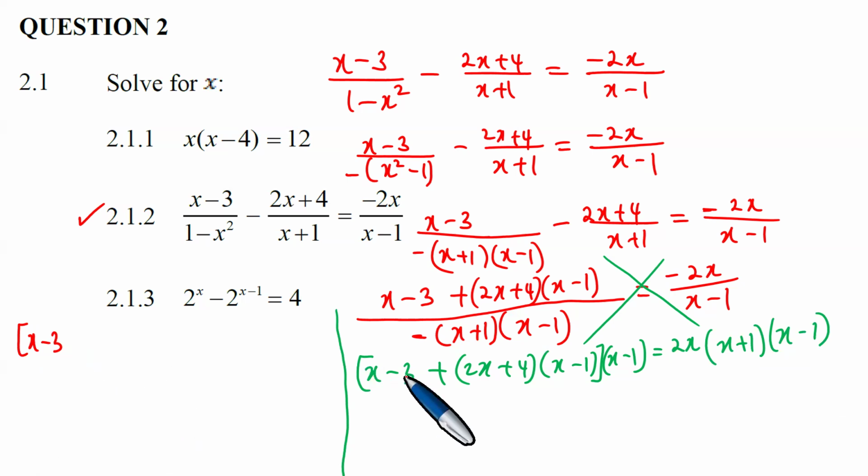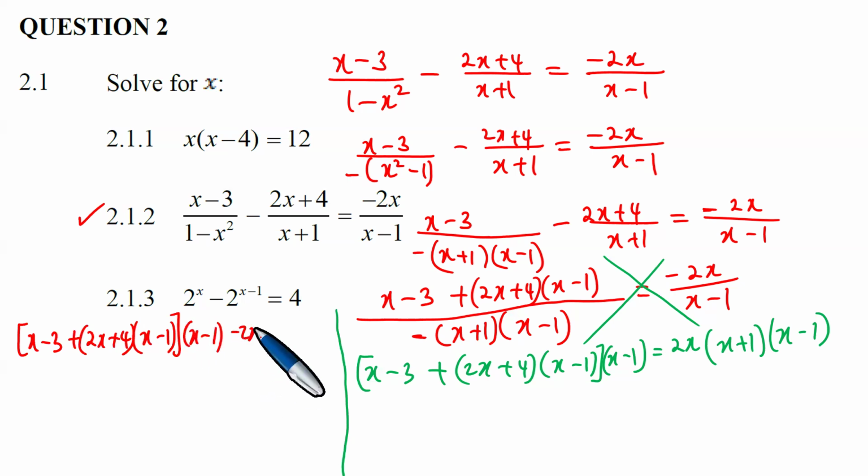So we're going to write x minus 3 plus 2x plus 4, and then x minus 1, this one here. And then we write in brackets x minus 1, and then minus 2x times x plus 1, x minus 1 equals 0.